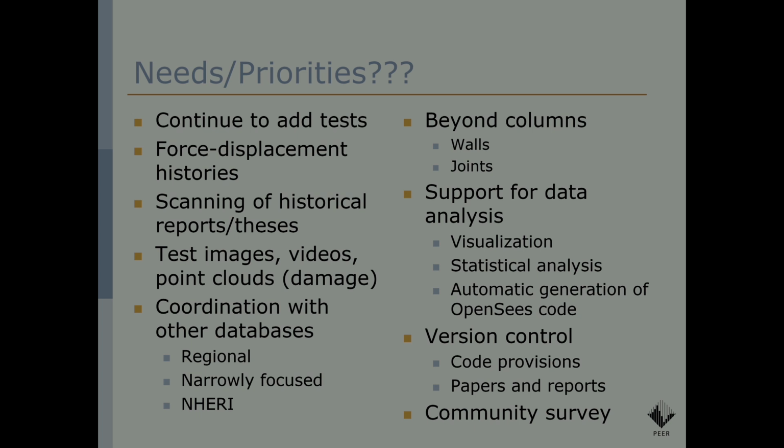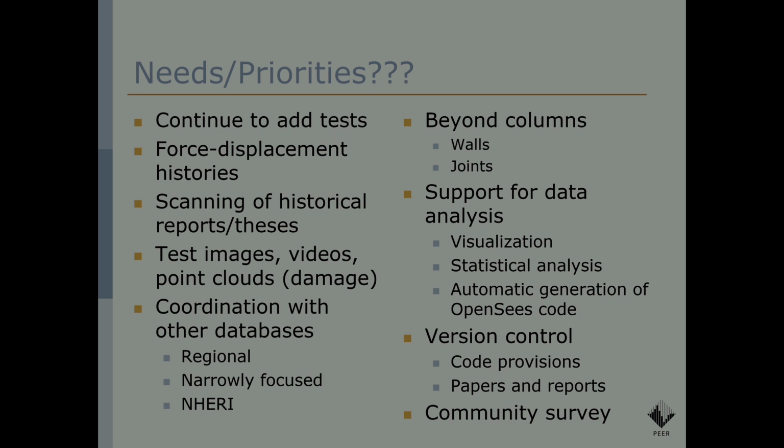And the other thing is that these are all being used to develop papers for sure, theses for sure, but also code provisions. So should we be actually keeping track of version control and saying, this particular provision was based on that data set, and this provision was based on that data set. And if things change in the future, we can always come back and talk about how things need to be changed, and maybe the code provisions need to change.